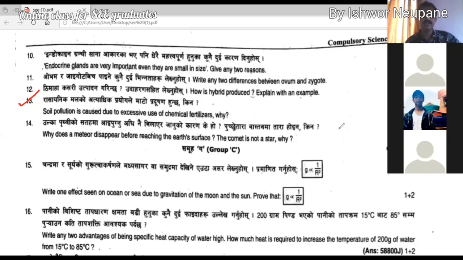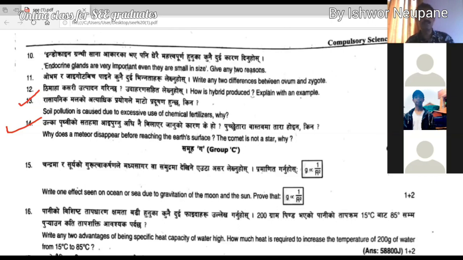Okay, friends, number 14: why does a meteor disappear before reaching the Earth's surface? And, the comet is not a star, why? A meteor disappears before reaching the Earth's surface because it burns completely due to high friction.